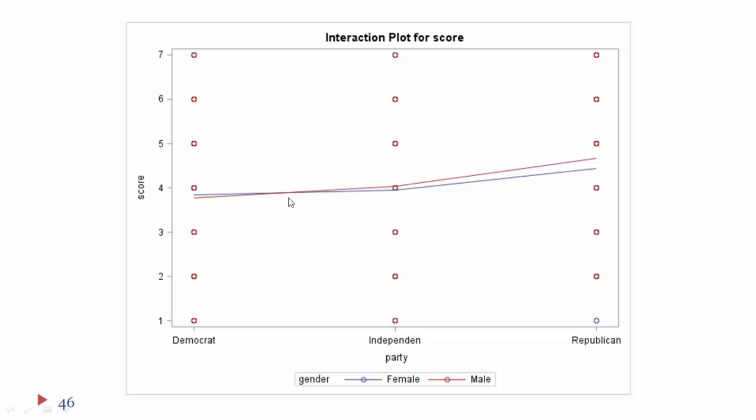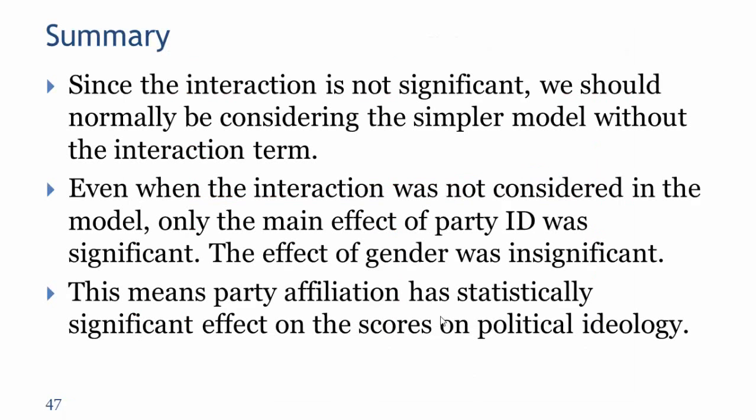However, the interaction that we have here is really small, and that is why the statistical test could not find a significant interaction. If there were a significant interaction, then the lines would cross at a much steeper angle. Alright, so to summarize, since the interaction is not significant, we should normally be considering a simpler model without the interaction term.